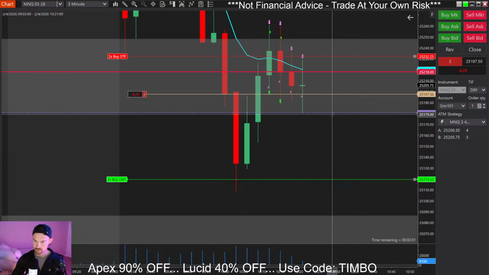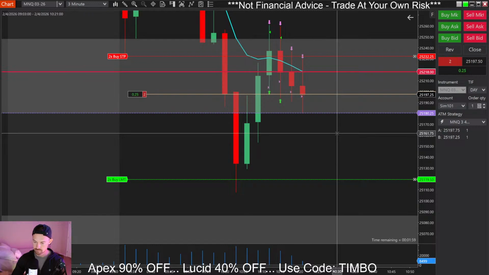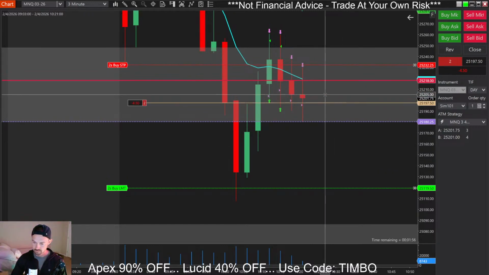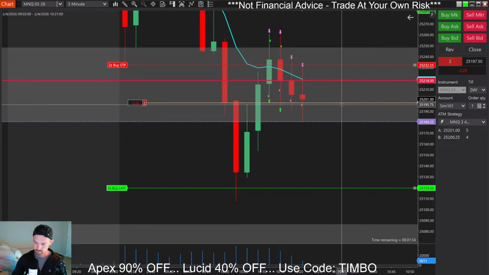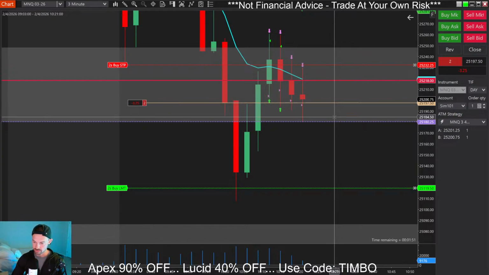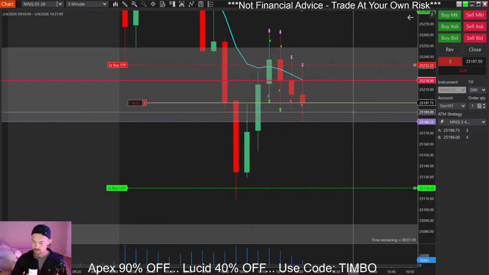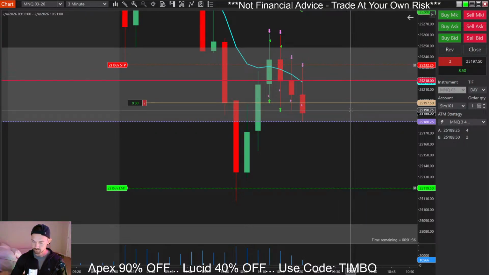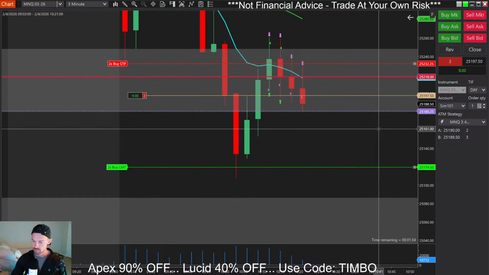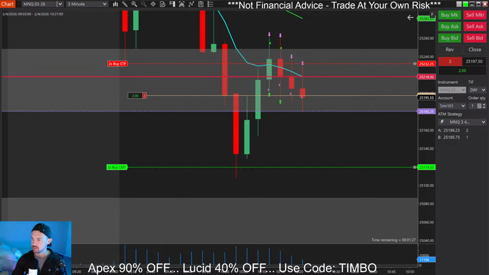Kind of holding that level. Don't like these little wicks. But we made a new 5-minute low. So let's see if we can drop it. We're about to get a 10-minute candle close here. Just need to get underneath this 180 level.